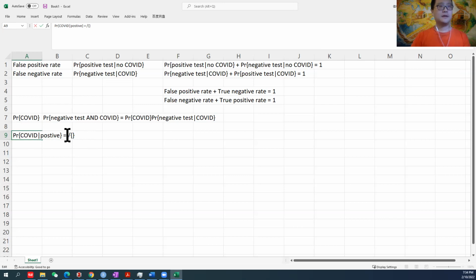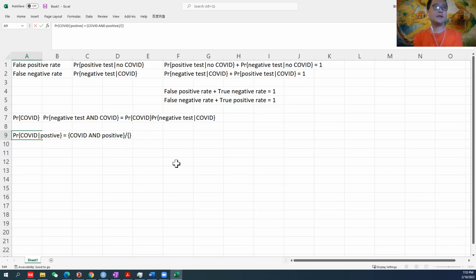Because conditional probability is basically a ratio between some events, right? We just need to find the correct events. So here, what we want is COVID and positive. The order of these two things is not important here, it's the same as positive and COVID. But what's important is what we divide it by.